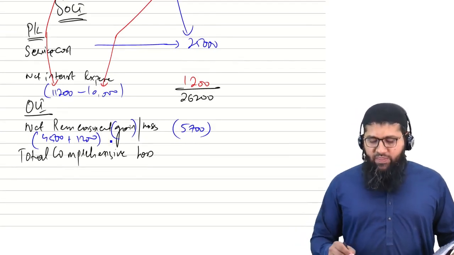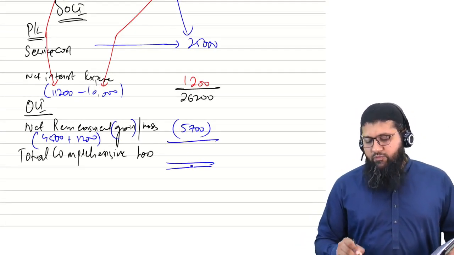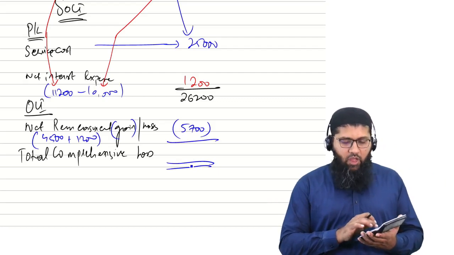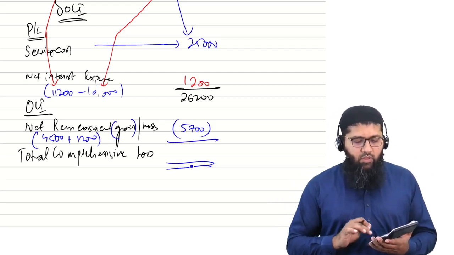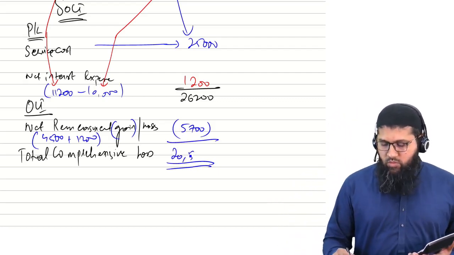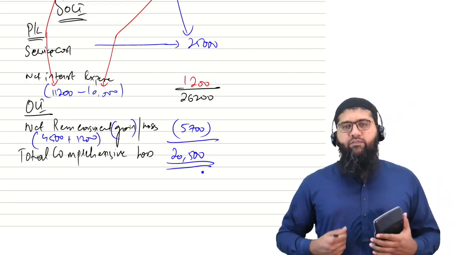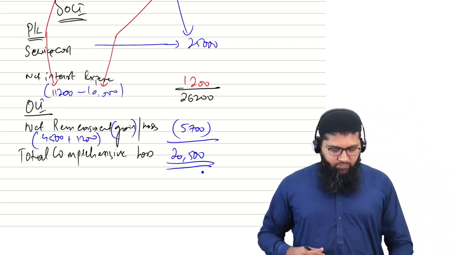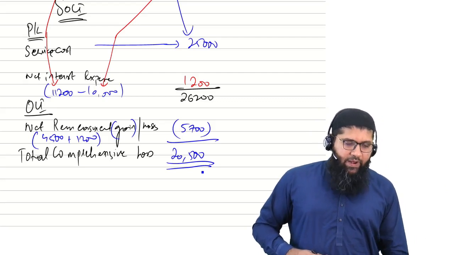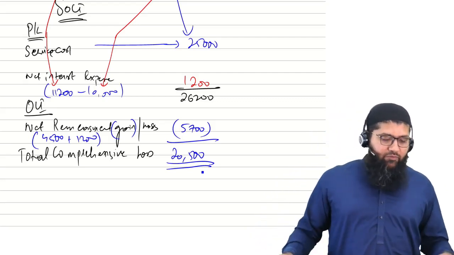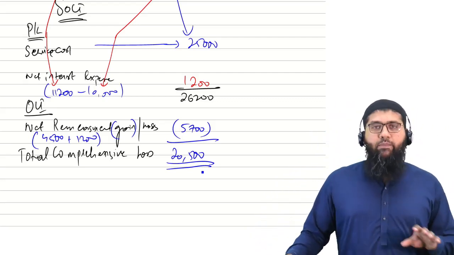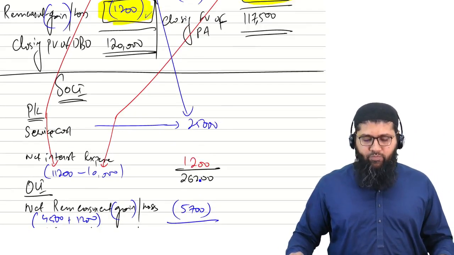So hence, we'll end up with a total comprehensive loss of 20,500. So the amount that has to be recognized in the statement of comprehensive income is 20,500.